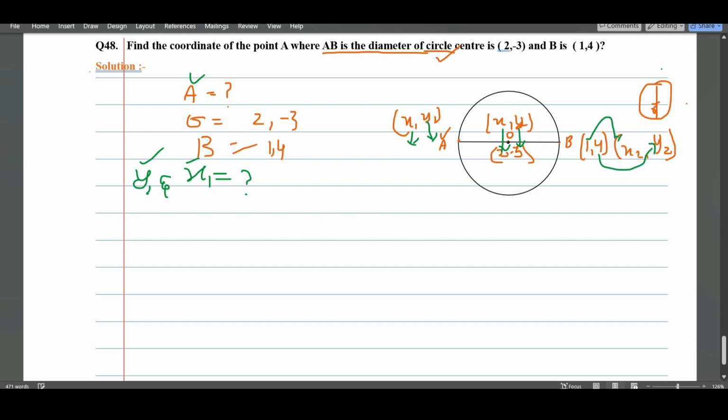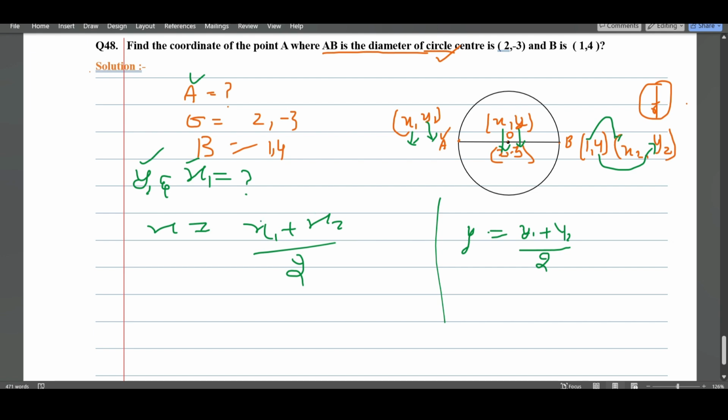So we can use the formula: x is equal to x1 plus x2 divided by 2, and another formula: y is equal to y1 plus y2 divided by 2.